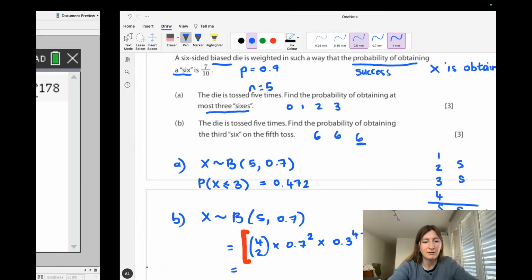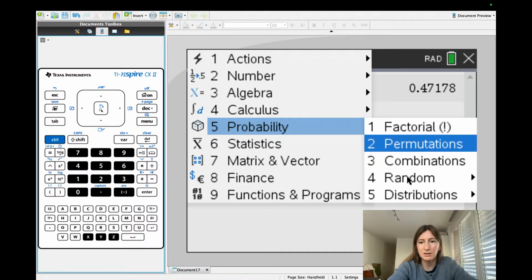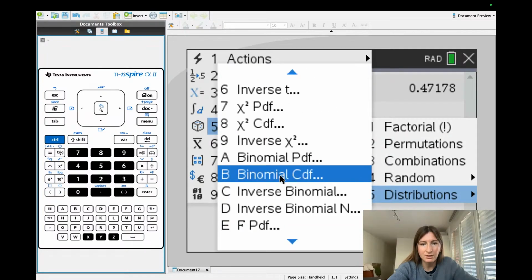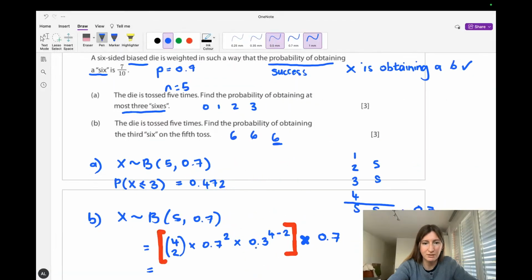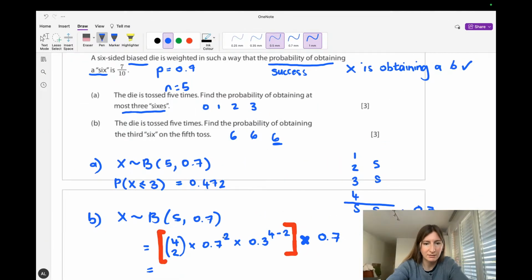let's go and calculate it. 4 choose 2. Menu, probability, distributions. We're wanting CDF. Number of trials, 4 now, because we're just finding this part. Probability of success was 0.7. Our lower bound, we wanted 2.